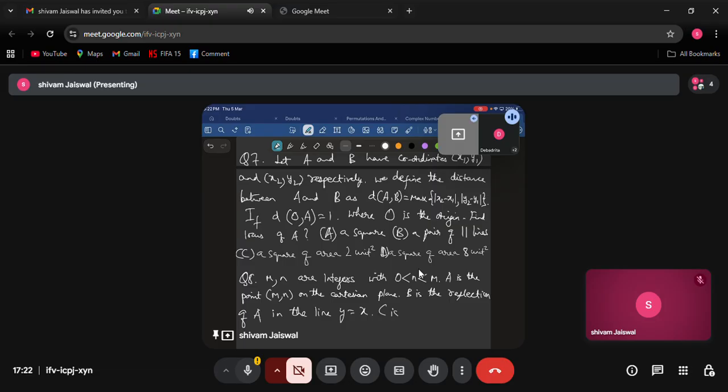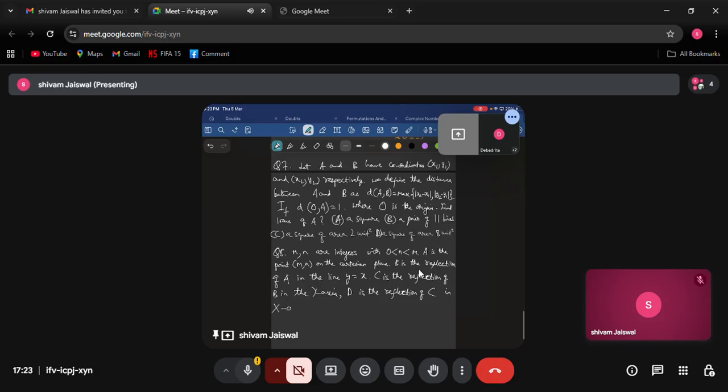C is the reflection of B in the y-axis. D is the reflection of C in the x-axis.